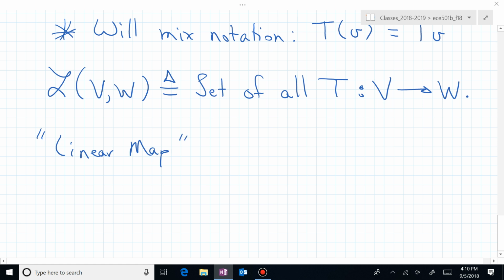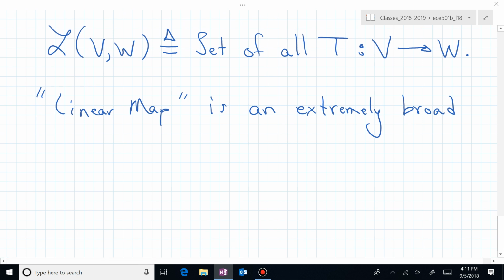This linear map is extremely broad in terms of a concept. Linear map is an extremely broad category or idea.